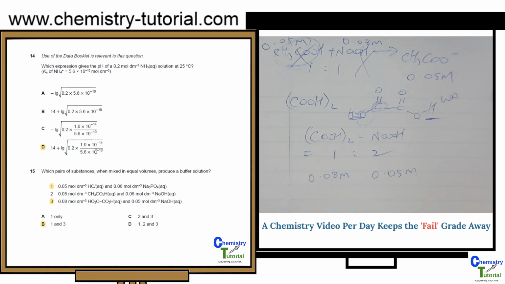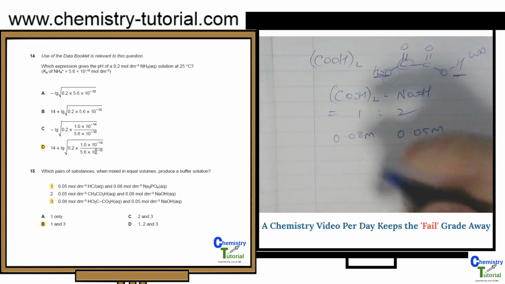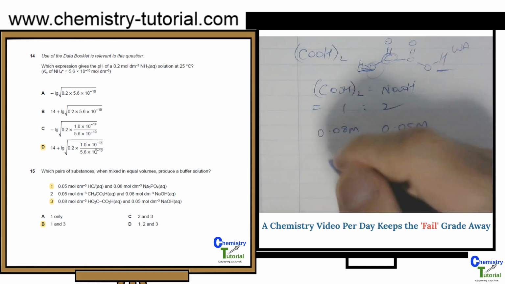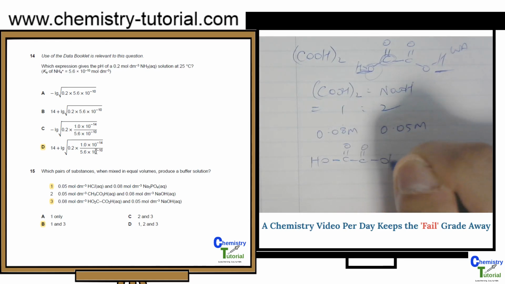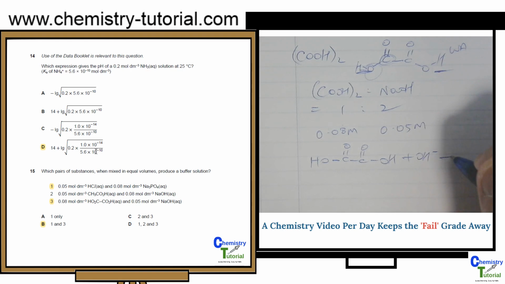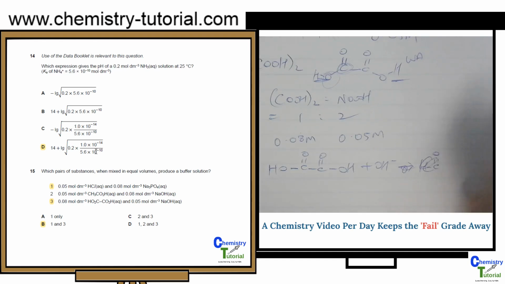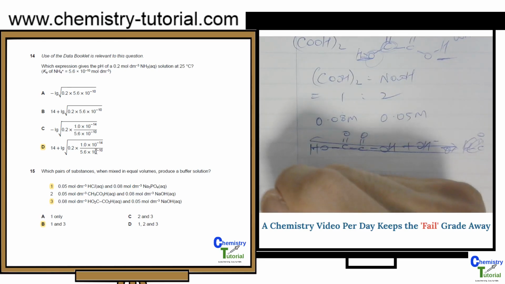So to form a buffer, you must know that a buffer needs to have a conjugate acid-base pair. At the same time, the conjugate acid-base pair differs by a single proton. In other words, it's not really correct for me to do it this way, although yes, it does react in this ratio, but it's better for us to represent this equation in another way, which is this one.